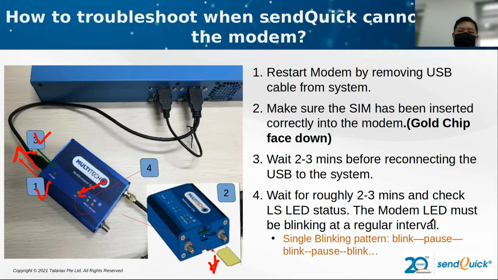The modem LED must be blinking at regular intervals. Normally the blinking sequence will be a single blink pattern: blink, pause, blink, pause, blink. Later I will show you a live demonstration of how to do this simple troubleshooting.